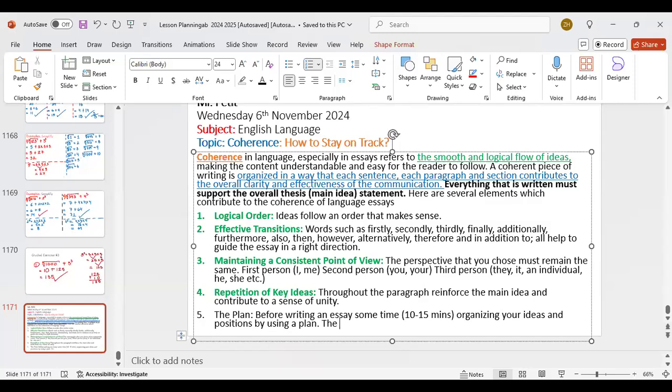The plan will help you. The plan helps to, or the plan serves as a guide.